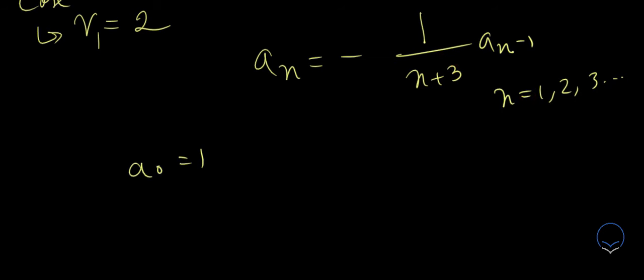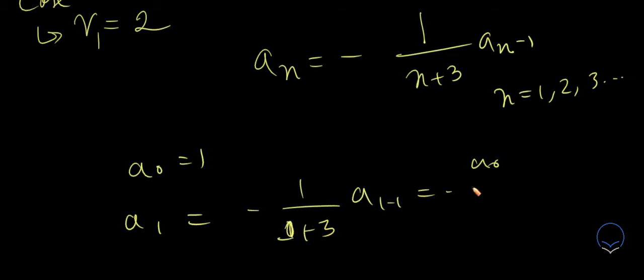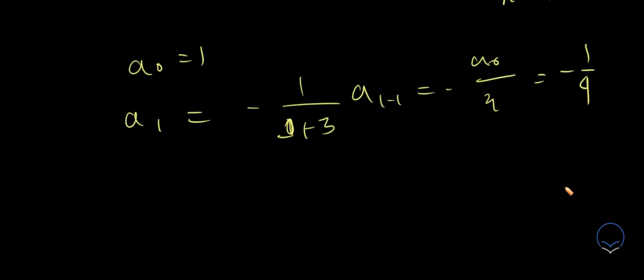So a0 is equal to 1, a1 will be minus 1 by 1 plus 3 times a0, that means minus a0 by 4, a0 is 1, so this will be just minus 1 by 4, and you can obviously calculate all the terms like this. A2 will be, I'm not showing you the calculation because this is pretty easy, this is just 1 by 20, and so on.